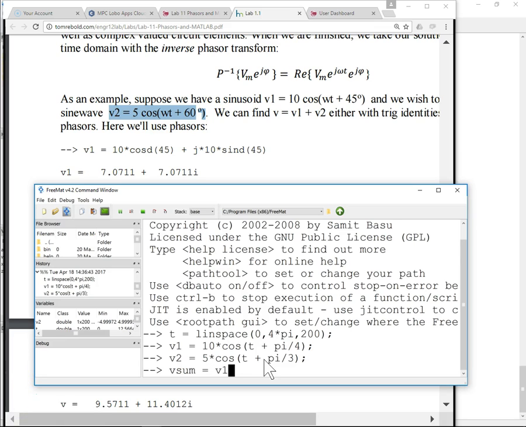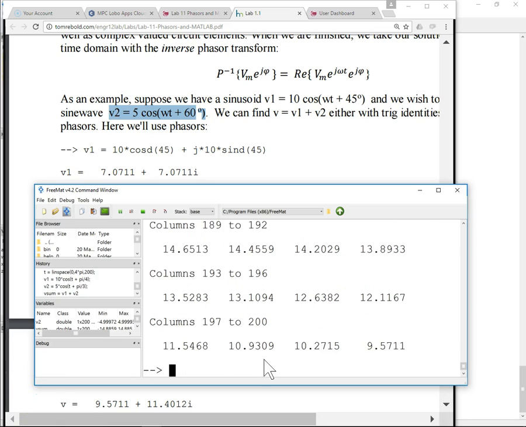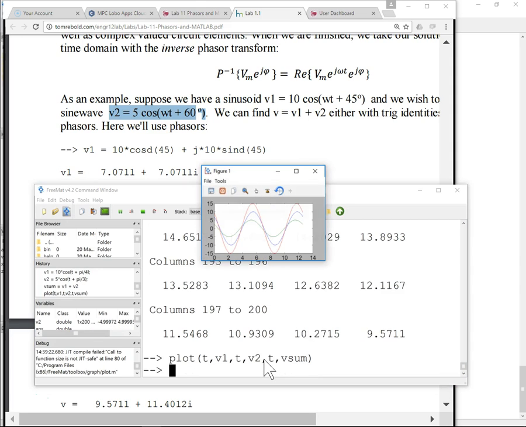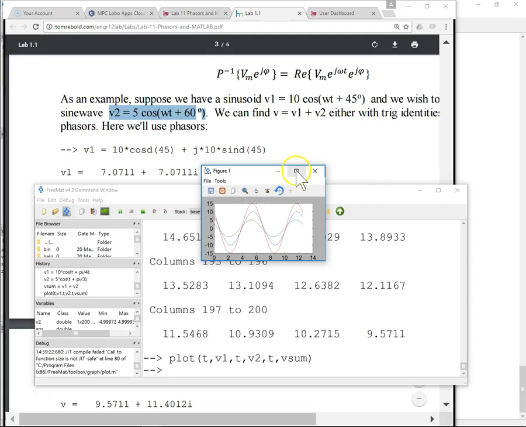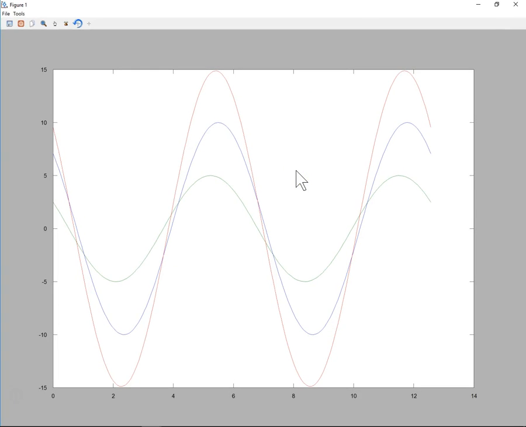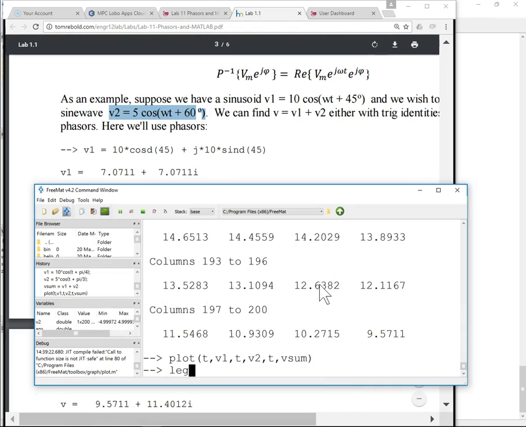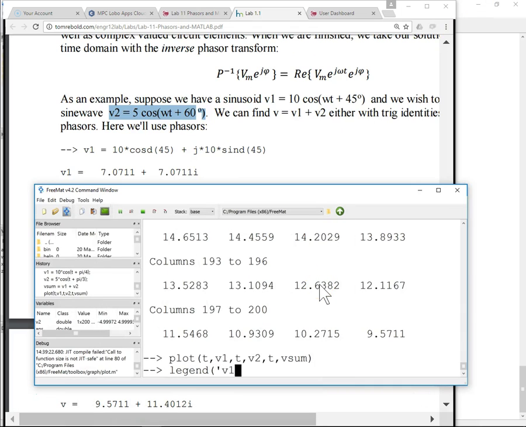So V sum is just V1 plus V2, right? Now you can plot t with V1, t with V2, and t with the sum, all three on one curve. This shows you what we're doing. I need to do a legend: V1, V2, V sum.